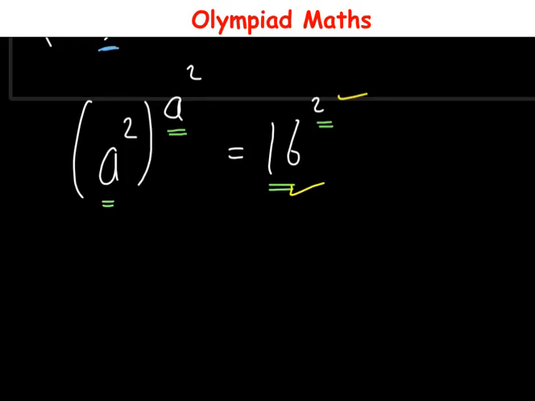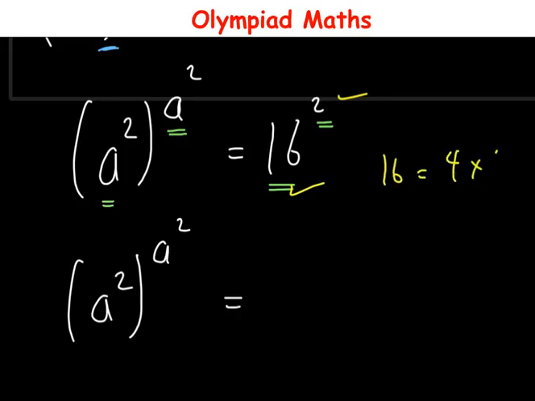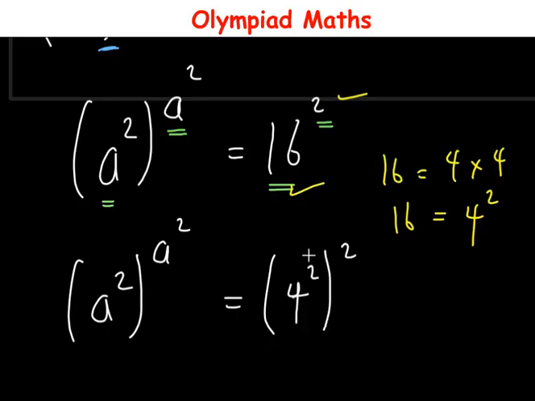Now, to do this, simply, first we have, in brackets, a raised to power 2, all raised to power a raised to power 2, which equals, we can express 16 as 4 times 4, and this is equal to 4 raised to power 2. So 16 is equal to 4 raised to power 2. So in the place of 16, we'll bring in 4 raised to power 2, then all raised to power 2.